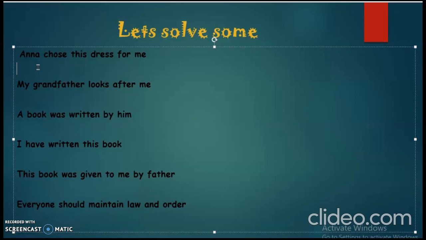So first step is to find the subject, verb, and object. Here, the subject is Anna because we are talking about Anna. And what is chose? Chose is the verb and dress is the direct object. So we can write like this: this dress was chosen by Anna for me.